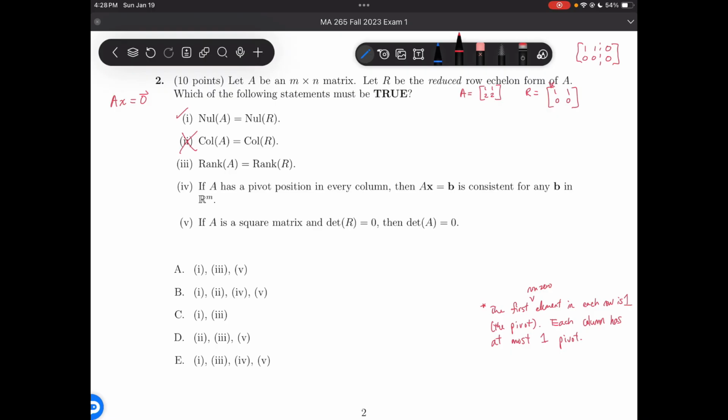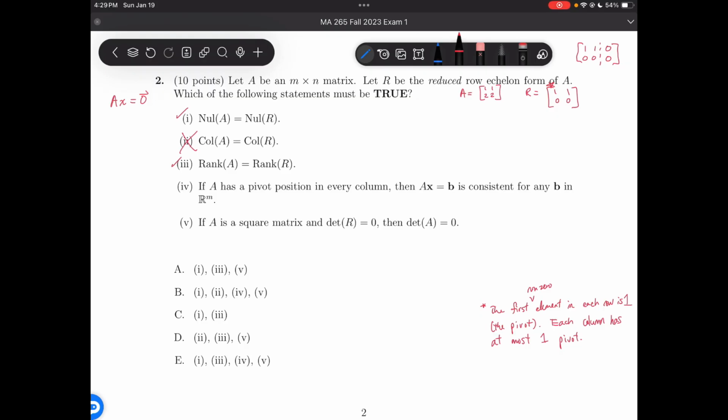So in this case, we only have one pivot, and this statement is true because, similar to the null space, the rank is completely dependent on the reduced row echelon form of a matrix. So since R is already in its reduced row echelon form, it has the same number of pivots as A. So that would make 3 true as well.